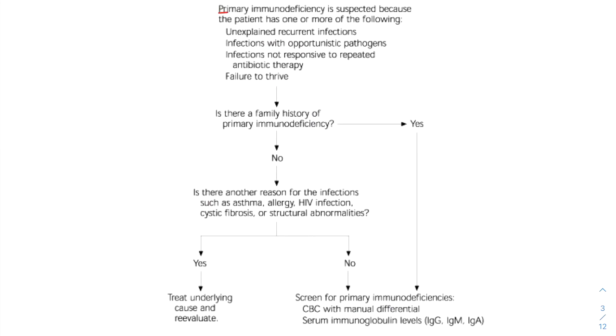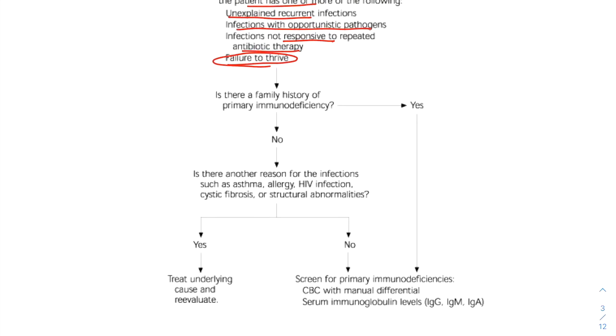Now, when a primary immunodeficiency is suspected because the patient has unexplained recurrent infections with opportunistic infections, the patient is not responsive to antibiotic therapy, and there is failure to thrive, and the child is not gaining weight, then what we do is we check the family history of immunodeficiency. If the family history is present, then we immediately go towards screening for primary immunodeficiencies.